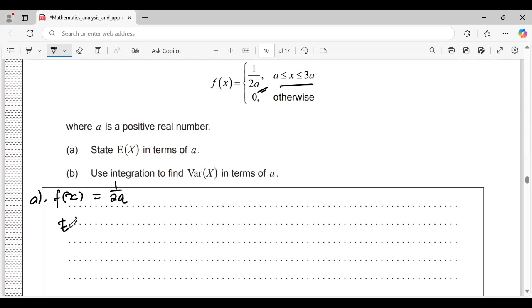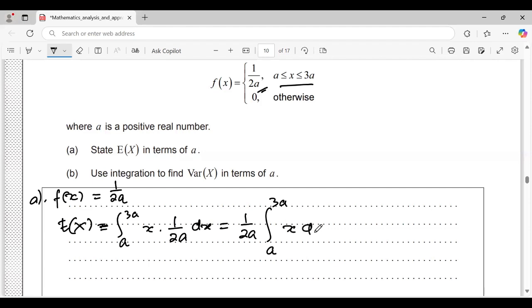So E(x) equal integral a to 3a of x times 1 over 2a dx. It is 1 over 2a integral, because 1 over 2a is constant, a to 3a x dx.